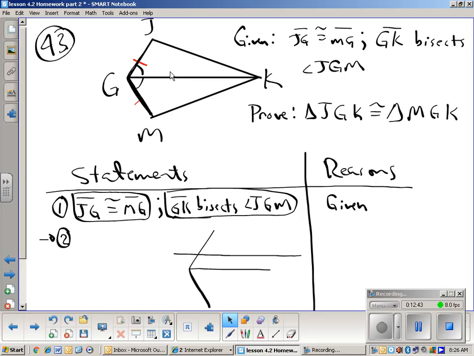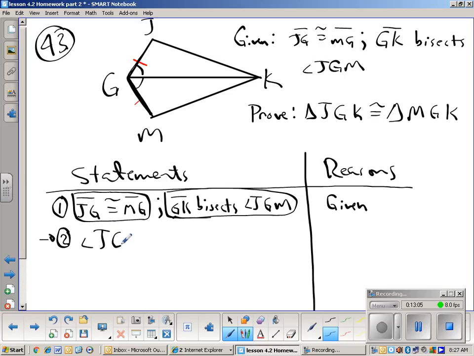And so my next statement down here is going to say that angle what? Does it matter what order your statements are? Makes no difference on the first one. The second one needs to match in the right order. So the first one is what? JGK. I shouldn't say it doesn't matter in the first one. G has to be the middle letter, no matter how you label it.